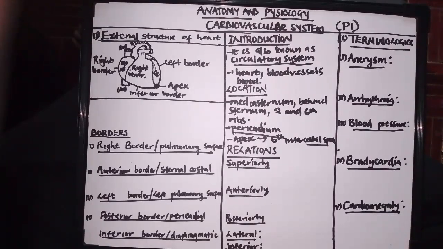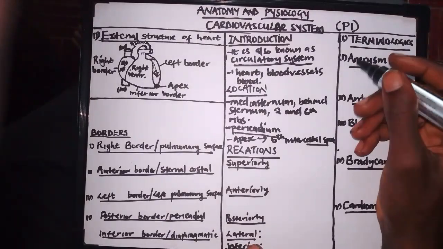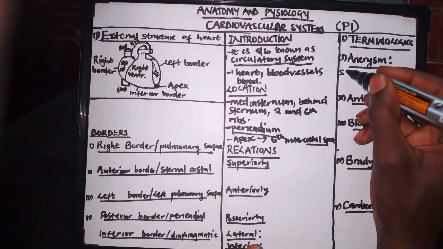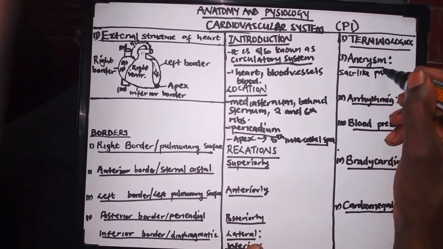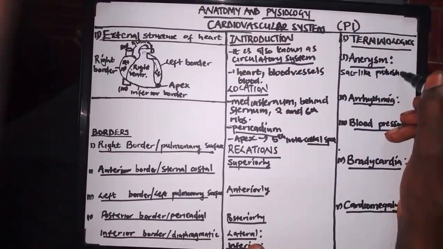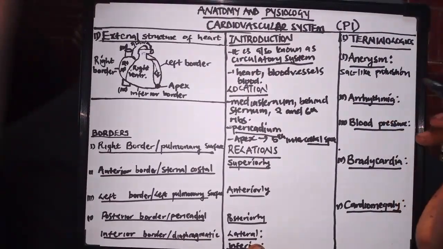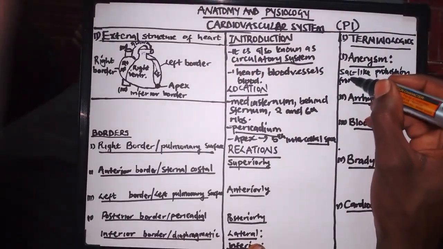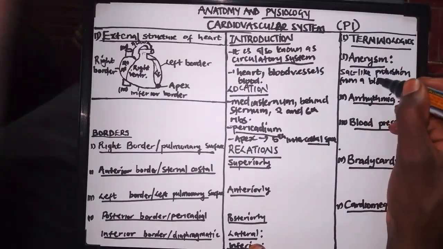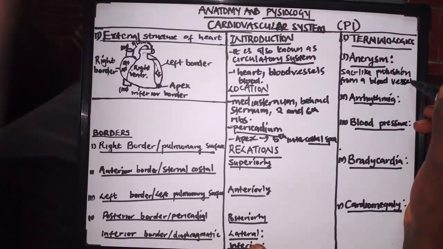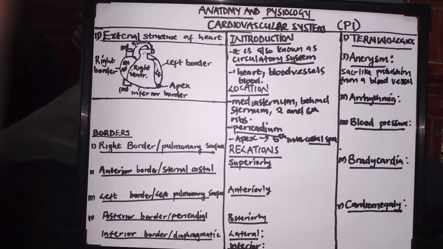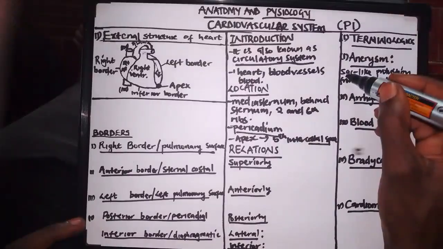An aneurysm is a sac-like protrusion from a blood vessel. What do we mean by a sac-like protrusion?